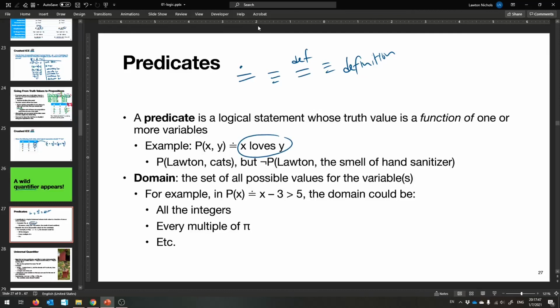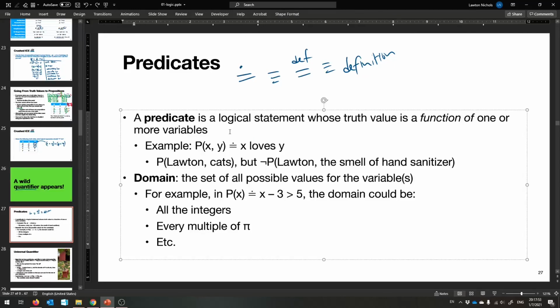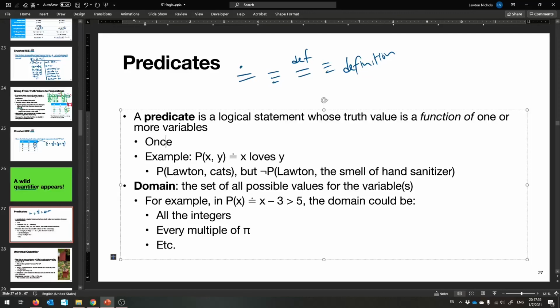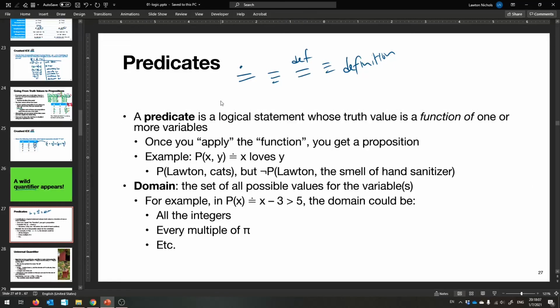Okay, that's a proposition. It can be true or false. At the end of the day, once you fill in the variables, it becomes true or false. You get a proposition that is true or false. So I'm going to say that P of x and y is x loves y.